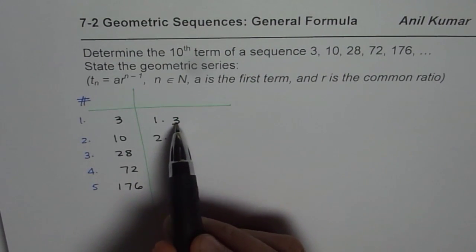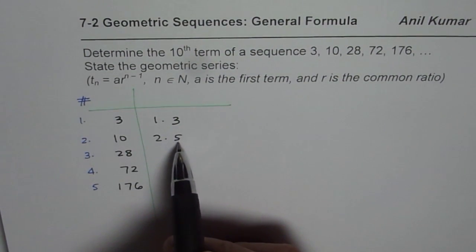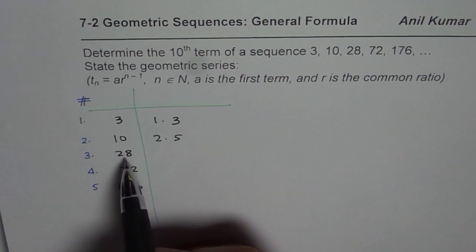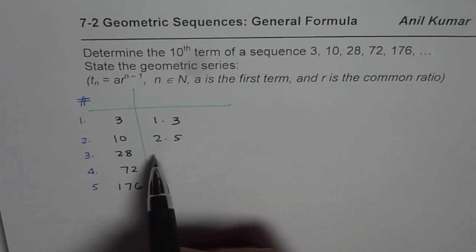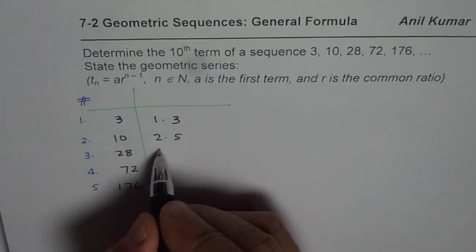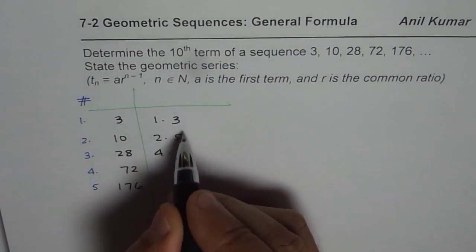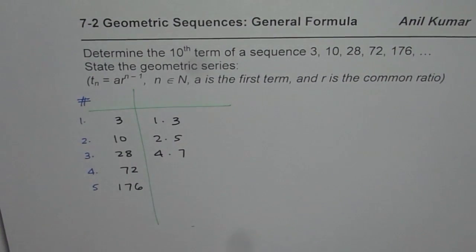On the other hand, we are having 3, 5. Can we get something on the right side? 28 has only a few factors, 4 times 7. So let's continue with 4 times 7. It at least makes a pattern on the right side: 3, 5, 7.